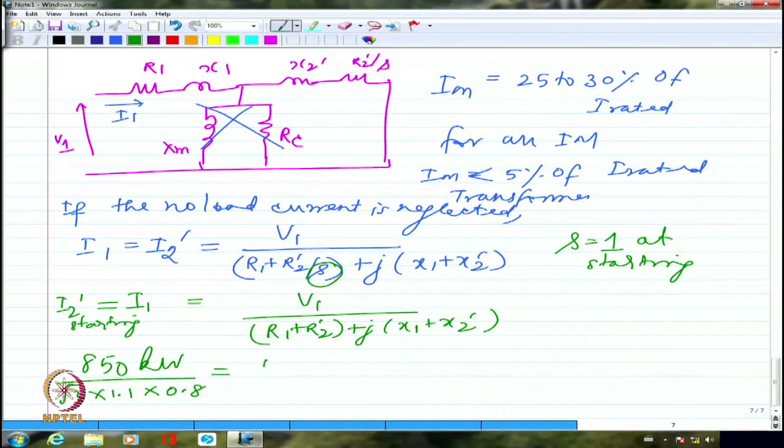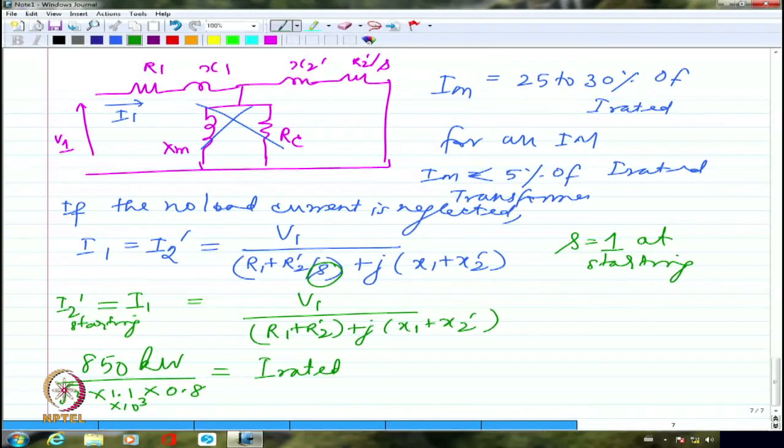So this is going to be the I rated, which will be of the order of thousands of amperes in all probability. Right? 1.1 into 10 power 3, of course, because it is 1.1 kV I said. Starting current will be 6 to 8 times normally. So I am going to draw 8,000 amperes of current.